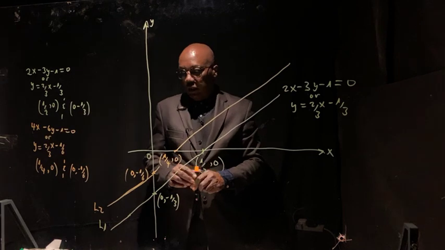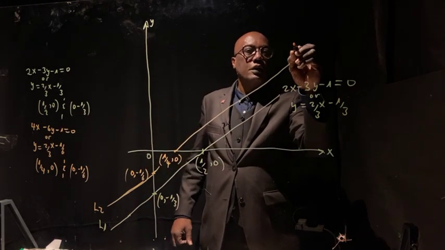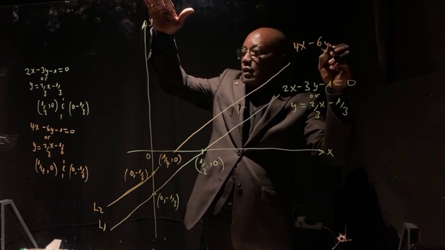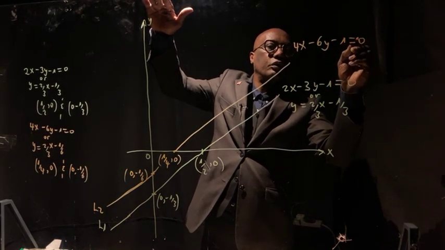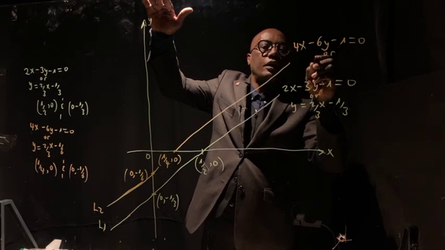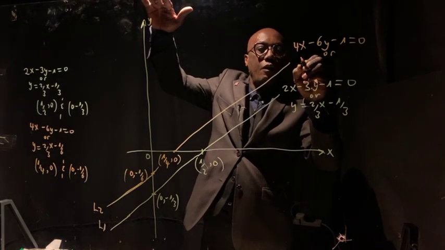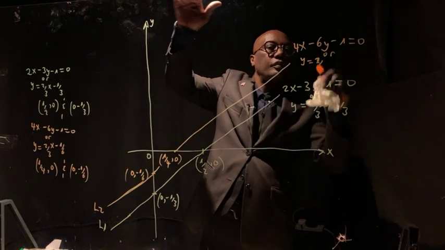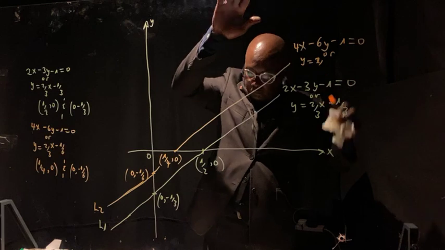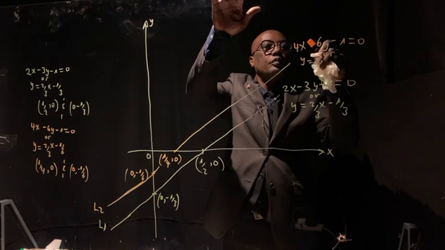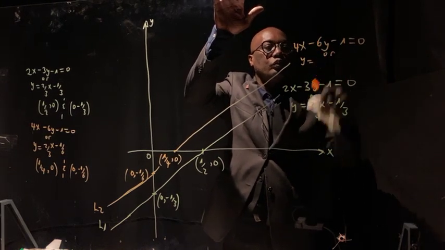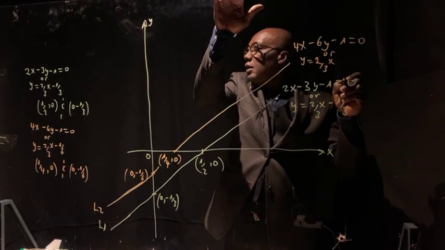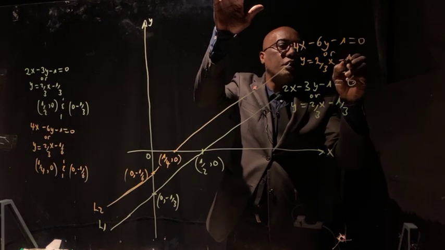In the L2, the equation was 4x minus 6y minus 1 equals 0, or we can say that is y equal 2 over 3x minus 1/6.